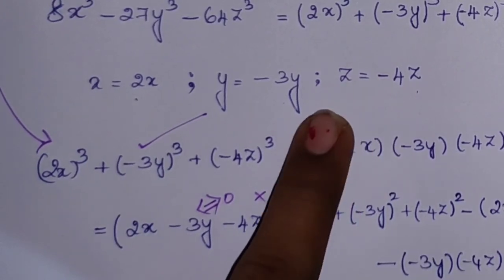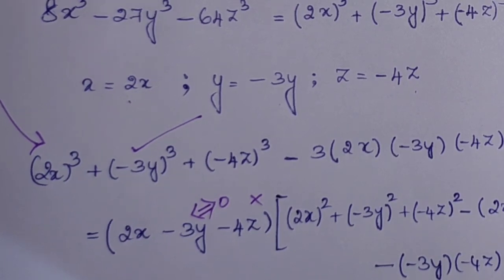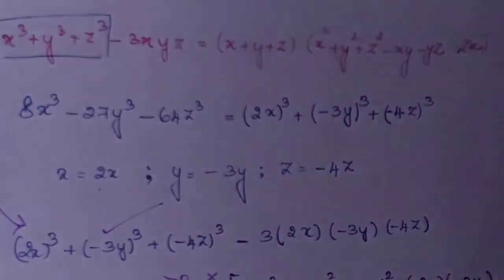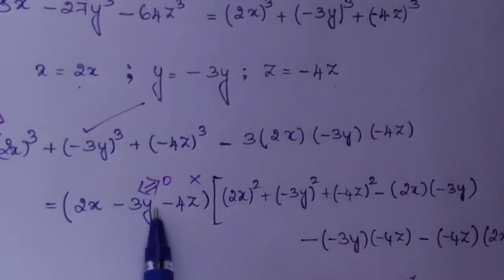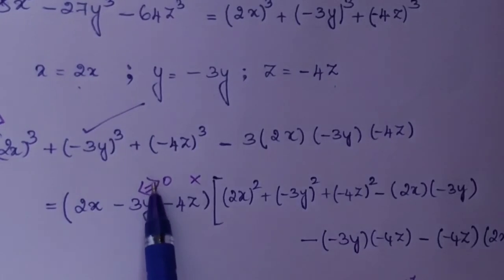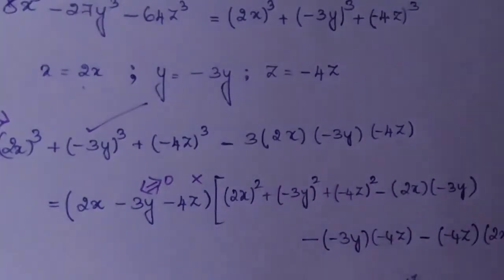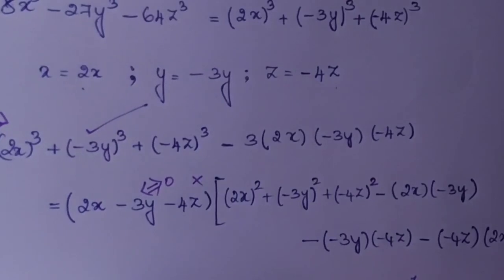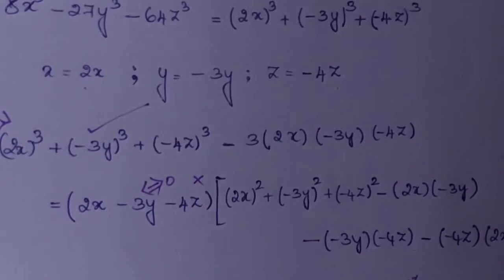That value you substitute in that identity. It is mentioned that 2x minus 3y minus 4z is equal to 0 in the question itself, so 0 into anything will become 0. So this is your LHS and this is your RHS, and when you multiply 0 with these terms, your RHS will become 0, right?